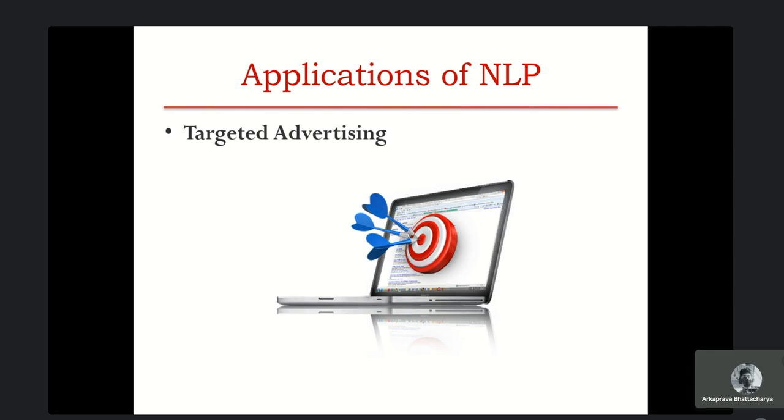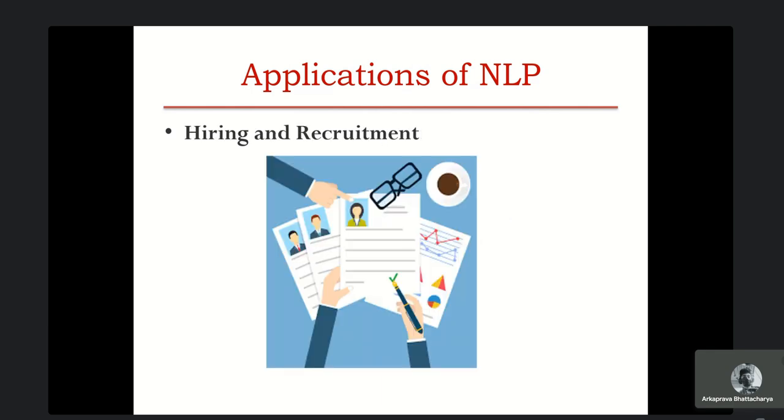And one more thing, when I say targeted advertising, let's suppose I was searching for some product on Amazon. Immediately after some time, I open my Facebook. You could see there would be an advertisement with respect to what you have seen on Amazon, or there could be the reels which you have seen on Instagram, shown on your Facebook. This is what we call targeted advertising.